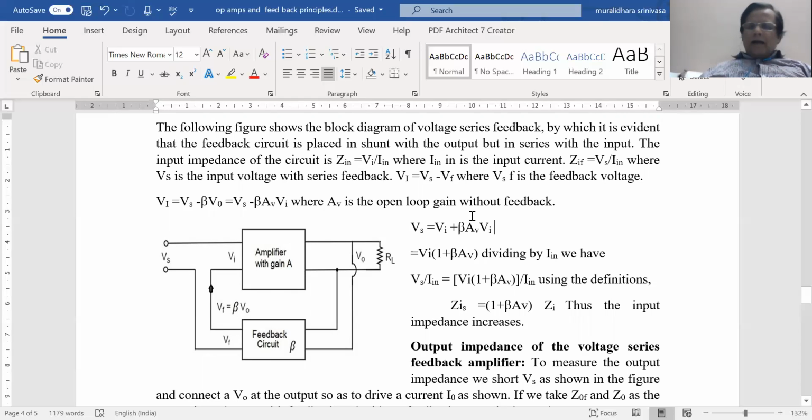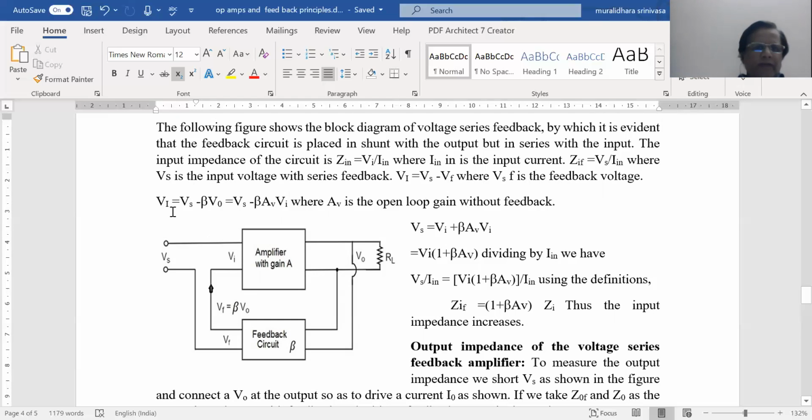Now if Zif is the input impedance with feedback, that is going to be given by Vs, the input voltage now with feedback, divided by In, the original current. So therefore what happens? V1 as usual should be equal to Vs minus Vf, where Vf is the feedback portion of the voltage given by beta V naught.